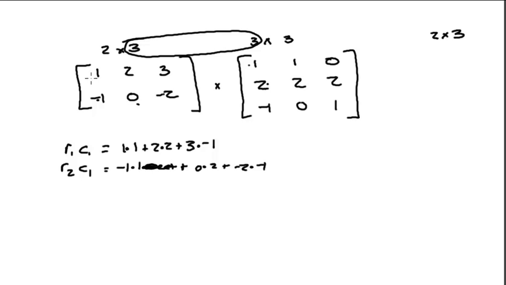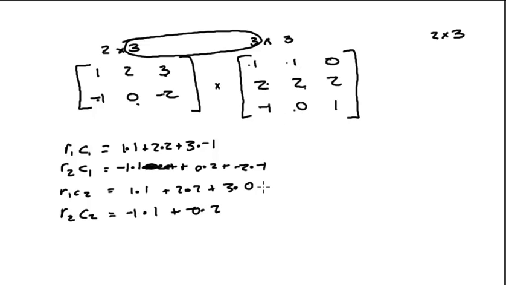Okay, now I'll do row 1 times column 2. So row 1, column 2 will equal 1 times 1, so 1 times 1, plus 2 times 2, plus 3 times 0. Now I'll do row 2, column 2. So row 2, column 2 will be negative 1 times 1, plus 0 times 2, plus negative 2 times 0.